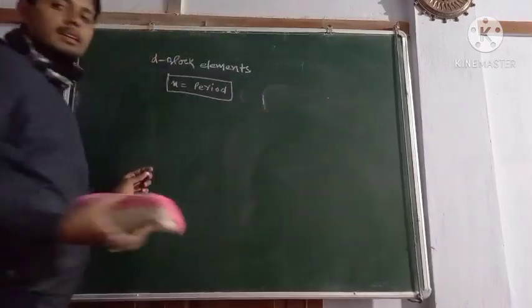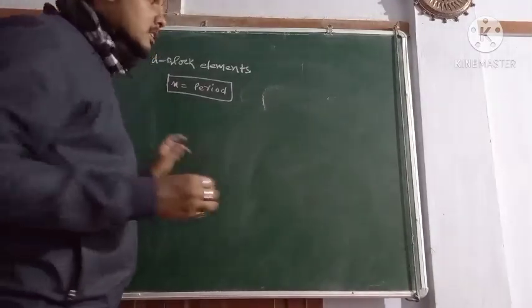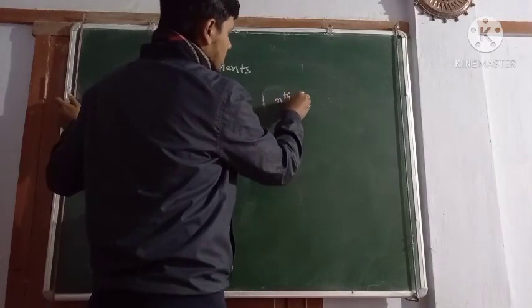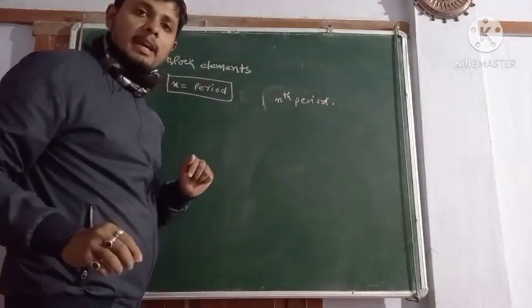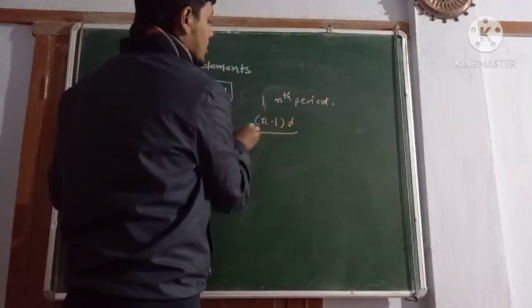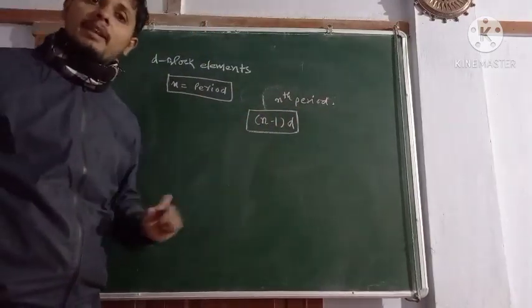The catch that we have in d block elements is that if the element is in the nth period, then the n-1 d orbital will be filled. So the last d orbital that will be filled will be n-1 d.